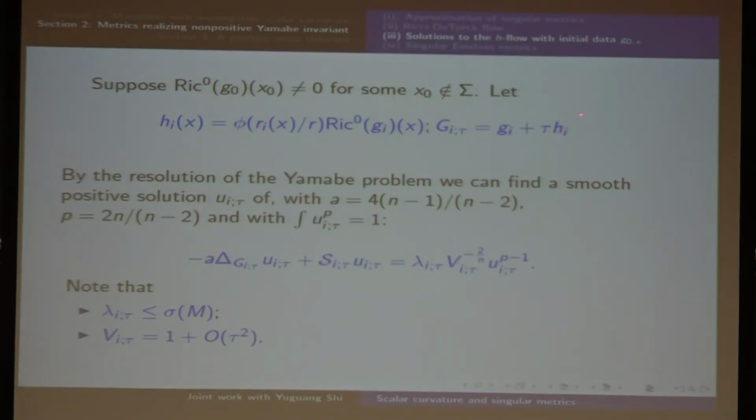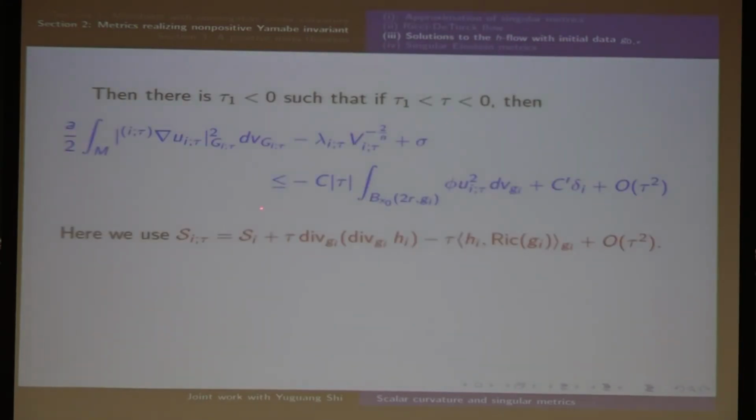So we have to keep track of the order of tau. Therefore, we need other things. So S I tau is equal to the scalar curvature of GI, which is bounded below by sigma m, and then the divergence part, because the trace is 0, but the divergence may not be 0, because you have a cutoff function in front, and then we have this part.